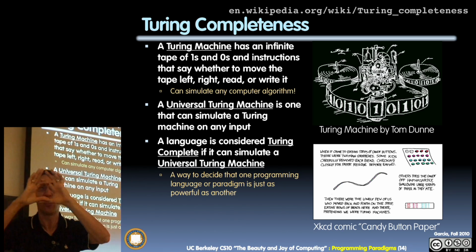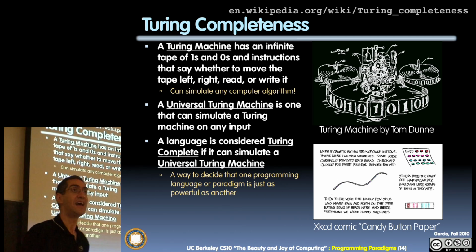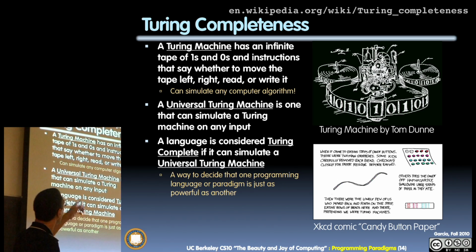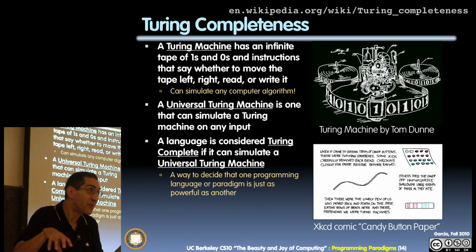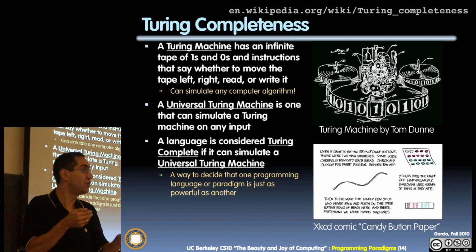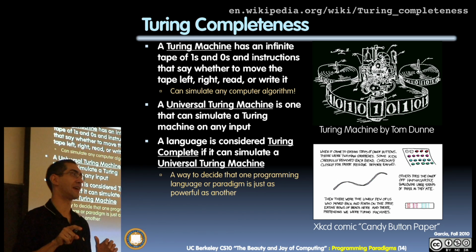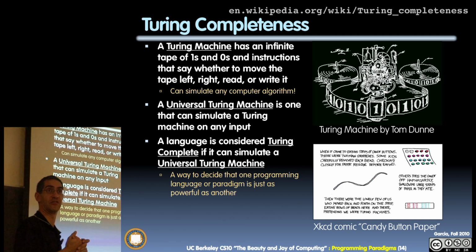All the computer can do is run a program, and all it can do in that program is move the tape to the left, move the tape to the right, read a value, and maybe affect what you do in your own program, or write a value to the tape. It's called a Turing Machine, named in honor of Alan Turing, famous English computer scientist and theoretician.